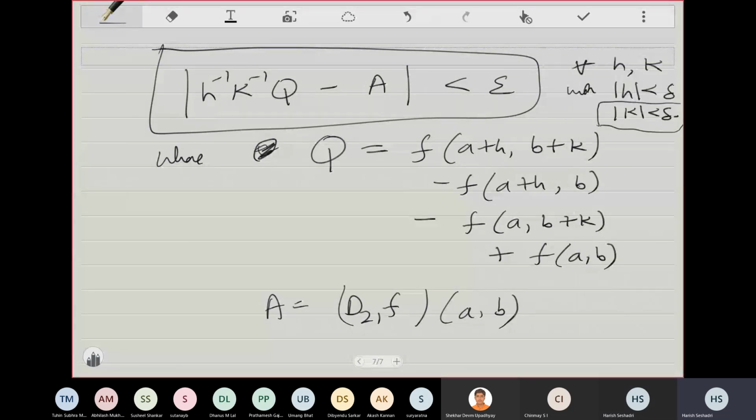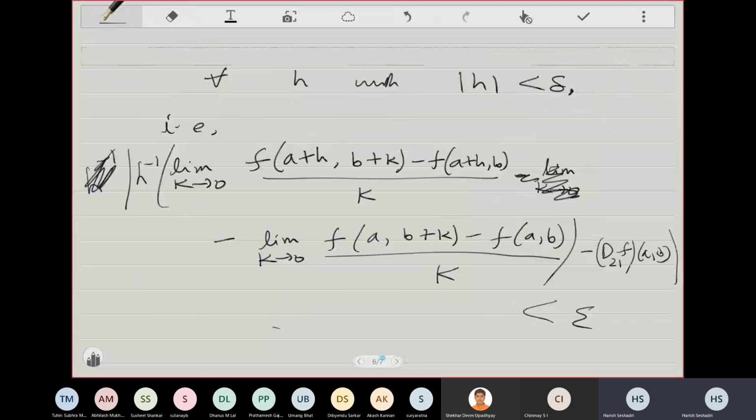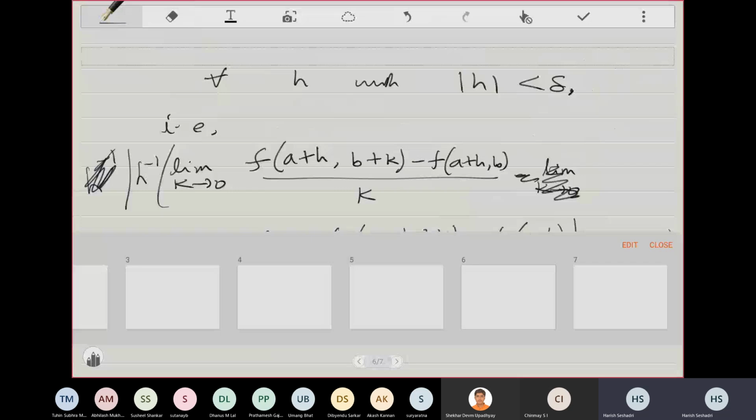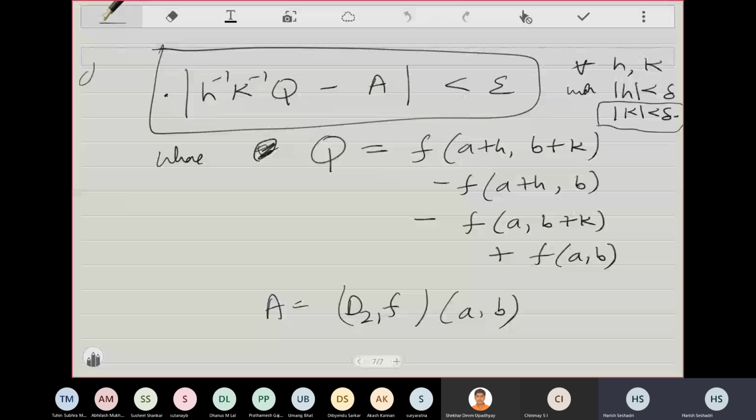So there should exist a delta such that if mod h less than delta and mod k less than delta, and if I have this inequality, that is the same as saying this thing should hold. So I'll leave it to you to check that this statement and the previous one are the same. It's a matter of just understanding what limit means.